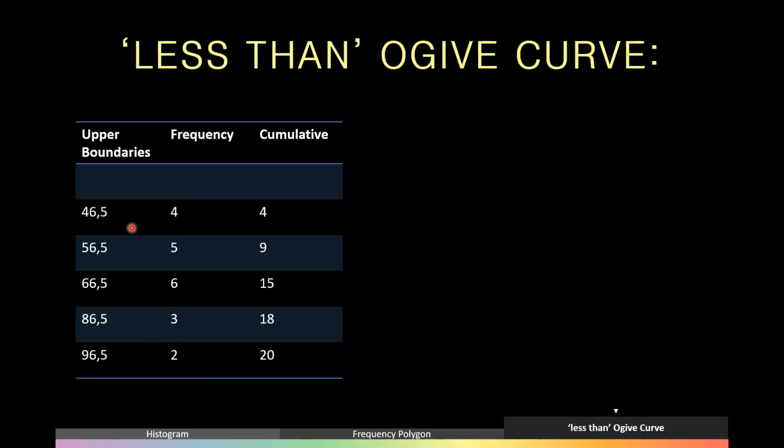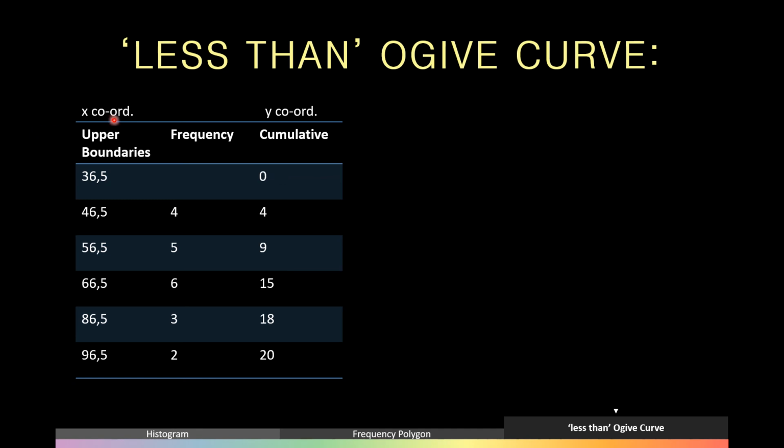And then we're simply going to take 46.5 and subtract that number to get the upper boundary that would come before 46.5. So we're going to subtract 10 and we get an upper boundary of 36.5, and we give it a cumulative frequency of 0.